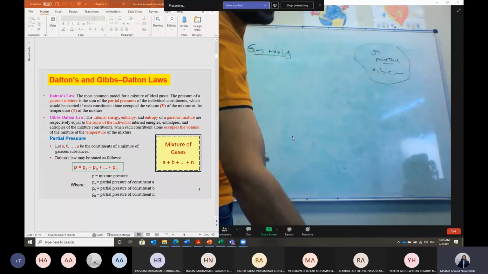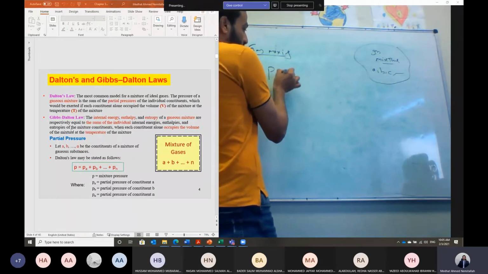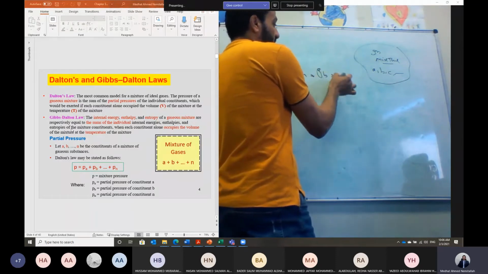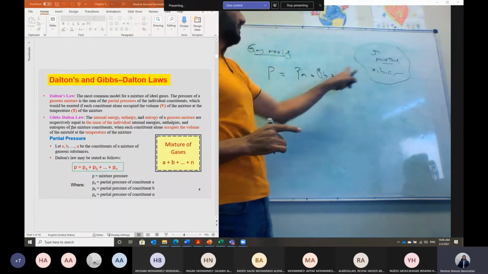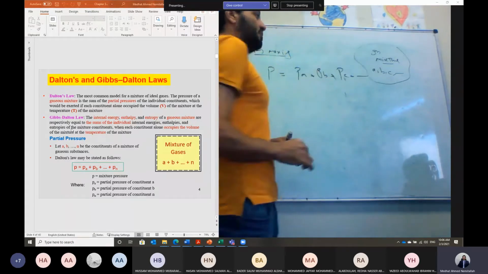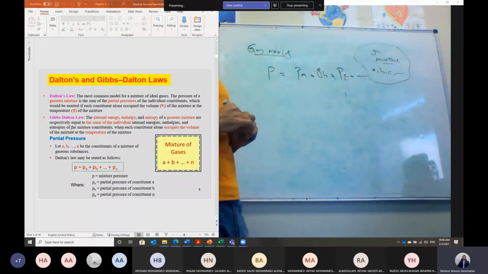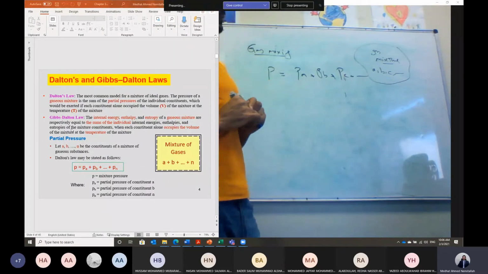Starting with Dalton's law, Dalton said that the total pressure is equal to the summation of the partial pressures of all components: partial pressure of A, plus partial pressure of B, plus partial pressure of C, and so on, whatever the number of components. This is what we call Dalton's law. The total pressure is equal to the sum of the partial pressures of all components.